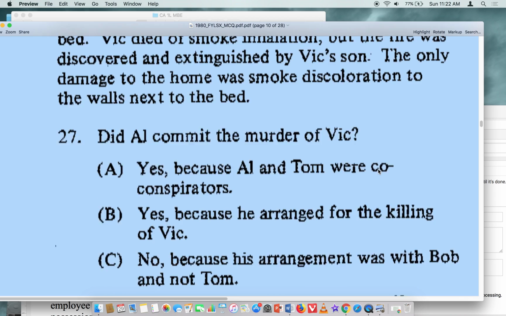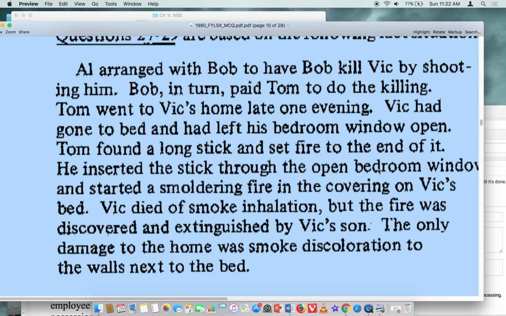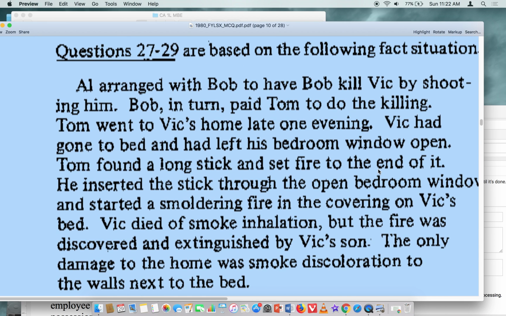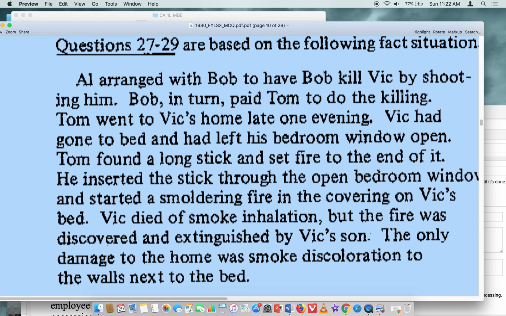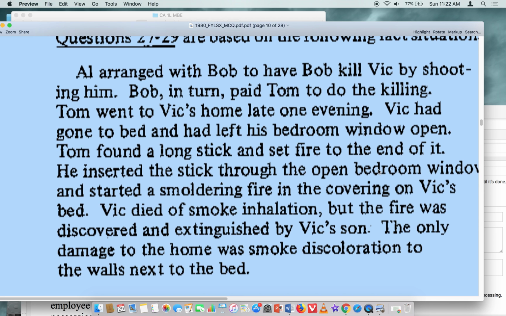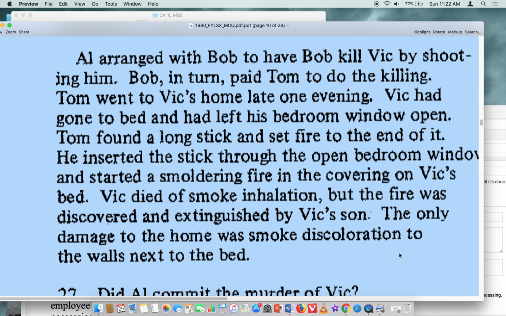So here's the hypothetical starting with 27. We have Al, who's arranged with Bob to have Bob kill Vic by shooting him. Bob in turn paid Tom to do the killing. Tom went to Vic's home late one evening. Vic had gone to bed and had left his bedroom window open. Tom found a stick and set fire to the end of it.